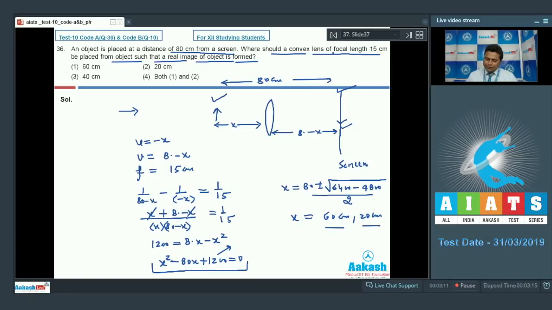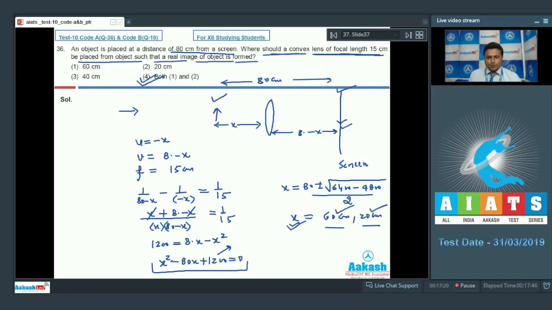Now here we have to calculate where should a convex lens of focal length 15 centimeter be placed from the object. Means we have to calculate the value of the object distance, that is either 60 centimeter or 20 centimeter. Means both 1 and 2 are correct, so we will go with option number 4.